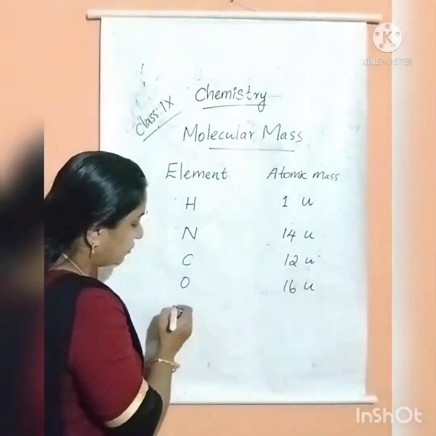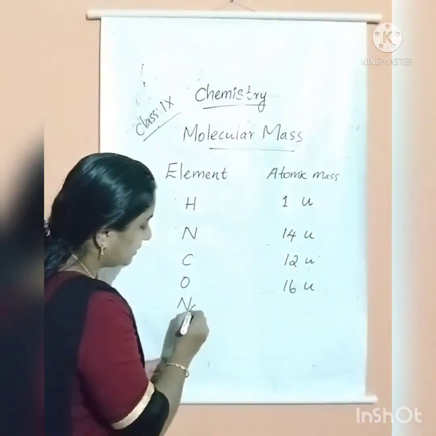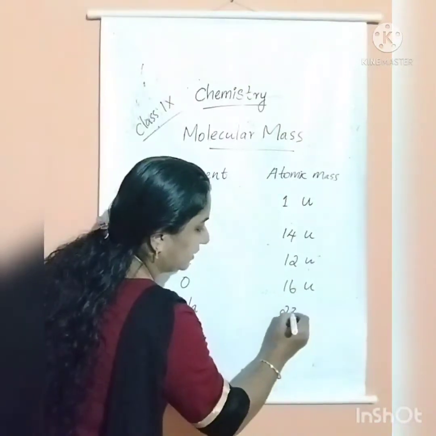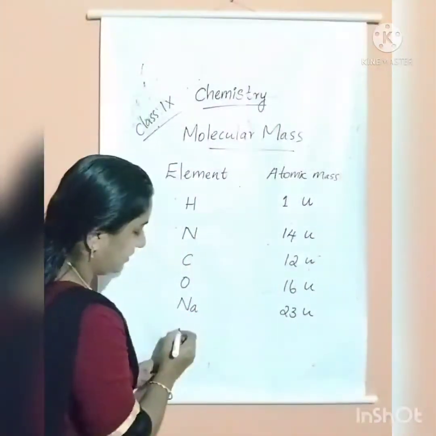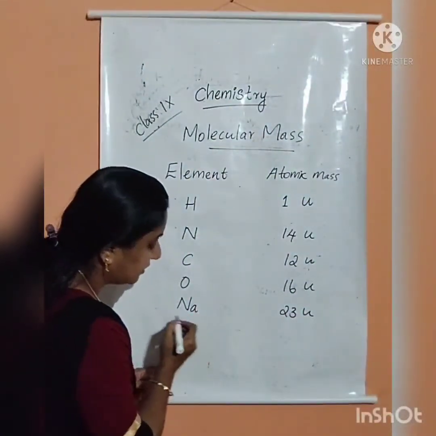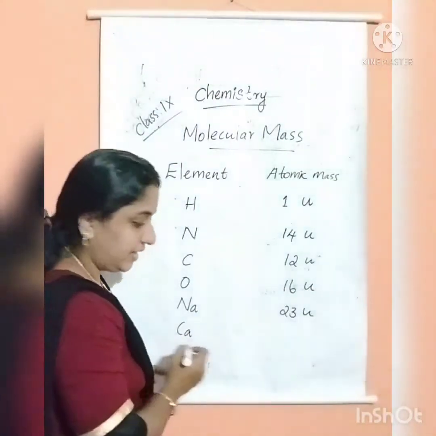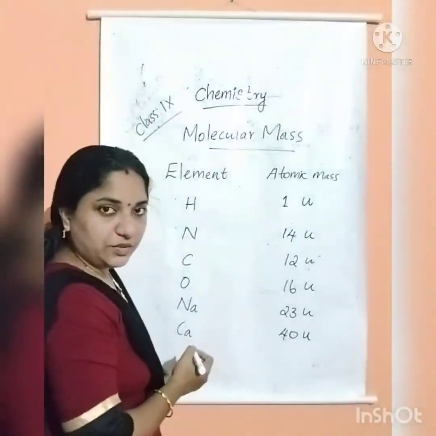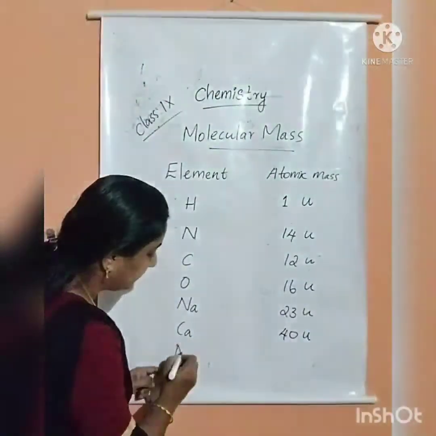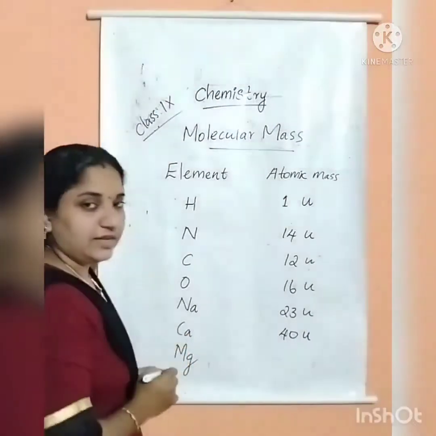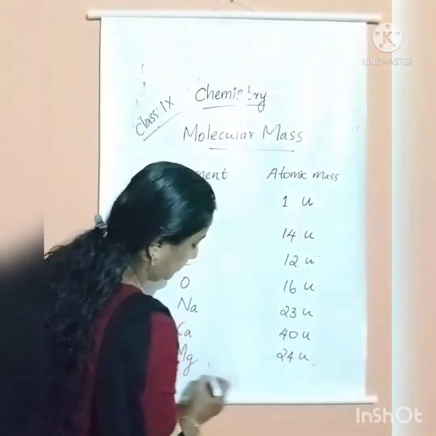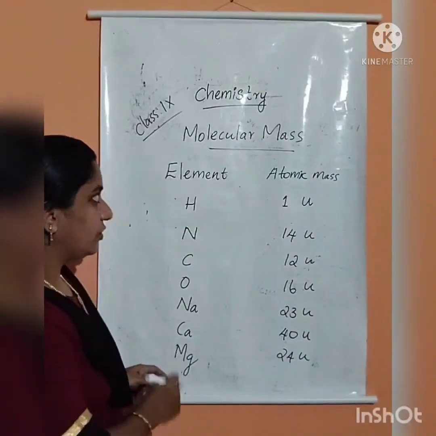Then what about sodium? Its symbol is Na. Yes, 23. Then calcium. Yes, 40 atomic mass units. Then magnesium? That is 24 atomic mass units, and that goes on.